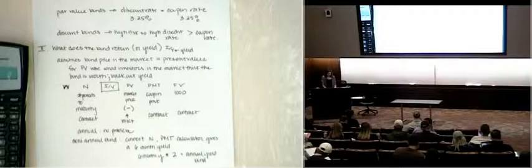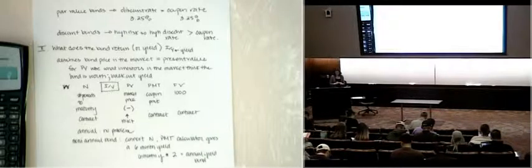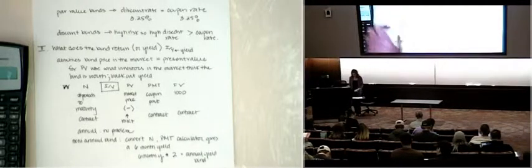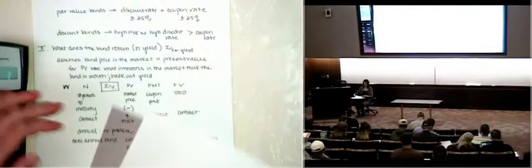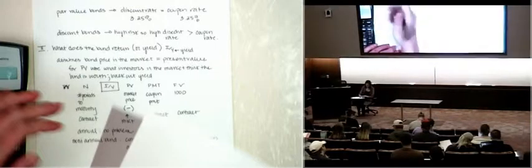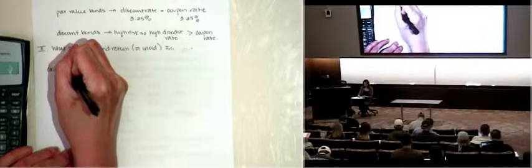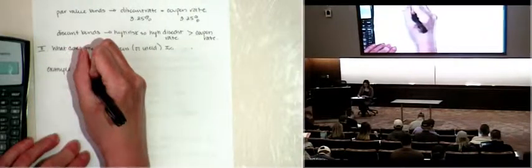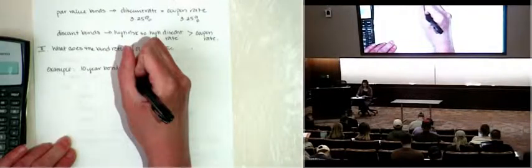So if you look in your packet on page 2, it says example of a yield on a bond. So let me do an example of that. So here's an example. Okay, so we can have a 10-year bond. I'll do a semi-annual bond. A 10-year bond with semi-annual payments.